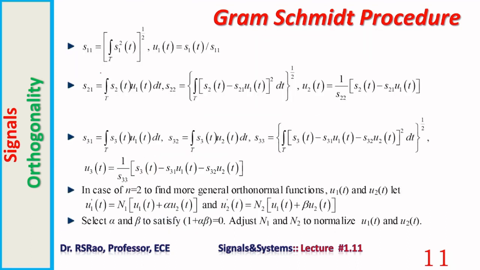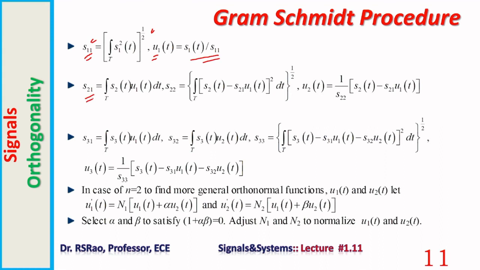Procedure is like this. S11, one can find S11 using this relation, integration over one time period S1 square, this entire integration under square root. Once S11 is known, U1 can be determined from S1 by S11. So S11 is obtained from S1, U1 is obtained from S1, S11.